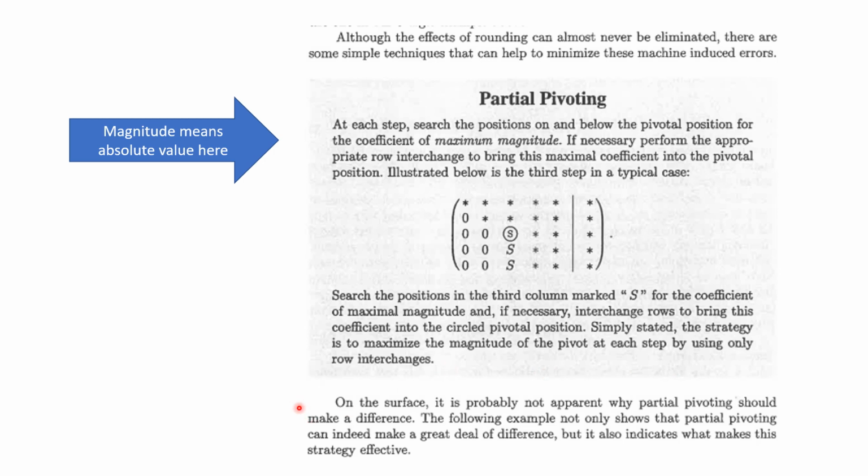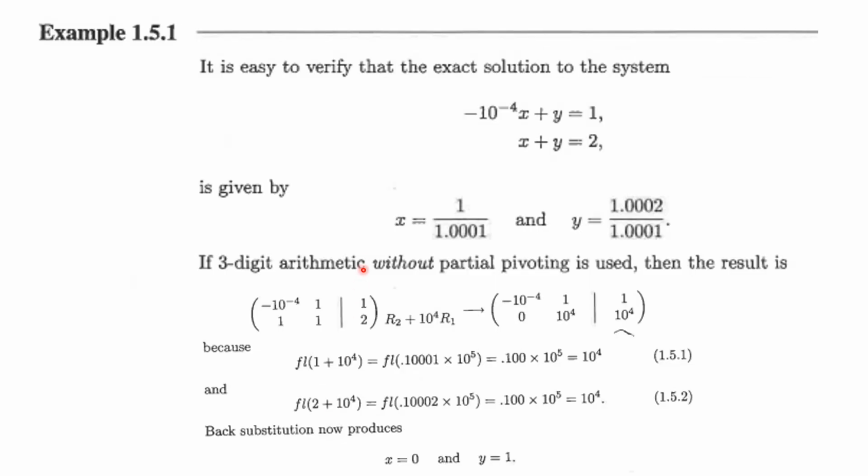Now on the surface, it's probably not apparent why partial pivoting should make a difference, but this next example will show why it does indeed make a great deal of difference and what makes the strategy effective. So here's our example. We're looking at this problem: minus 10 to the minus 4 x plus y equals 1, and x plus y is 2.